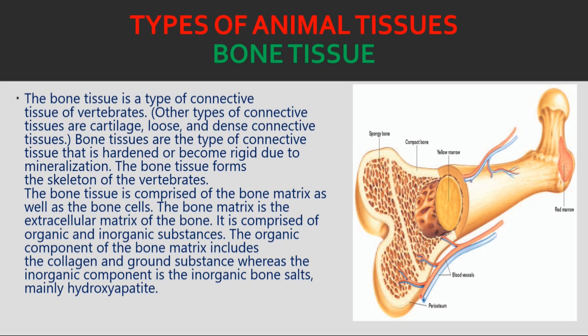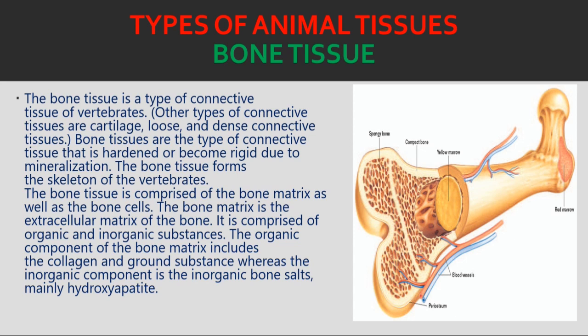Bone tissues are hardened or become rigid due to mineralization. The bone tissue forms the skeleton of the vertebrates.